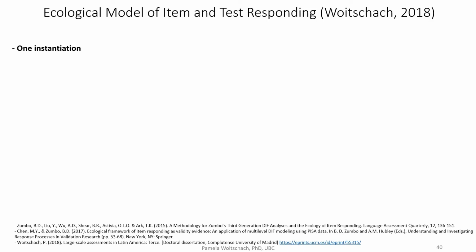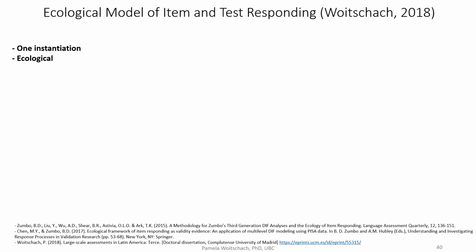As its name states, it's ecological as it includes information from various sources that are related to the participant: the survey research design, the measurement characteristics, and the context in which the participant is situated. Or in the words of Dr. Zumbo, the ecology of the testing situation.